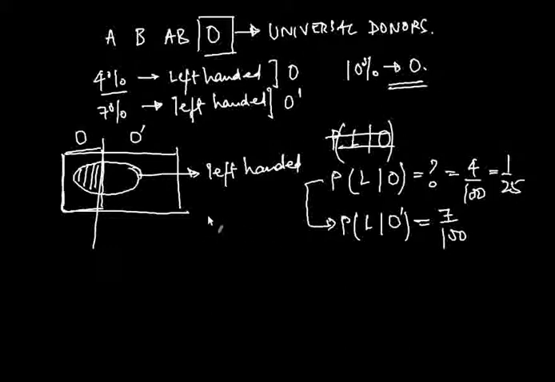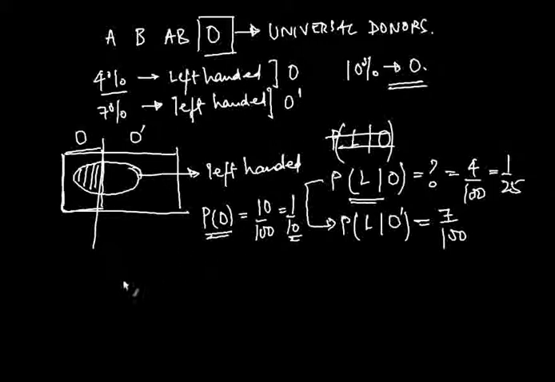If I were to randomly pick a person, then the probability that he has blood group O is 10%, which is 10 by 100, which boils down to 1 by 10. So all the things we were told, we've just written down as probability expressions over here.